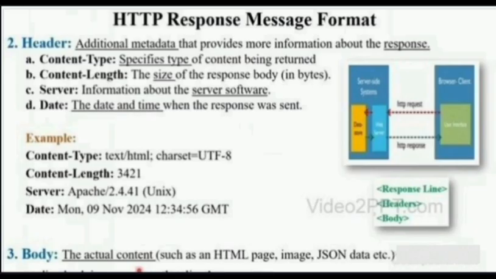Next, moving on to the body. Finally, the body contains the actual content requested by the client. If the request was successful, this is where you find the HTML code for the website, the raw data in JSON format, or the binary data for an image or video file.